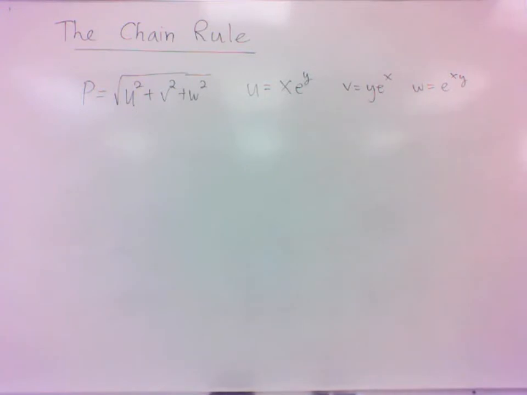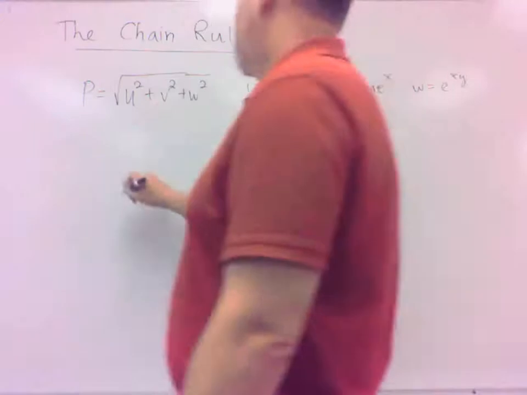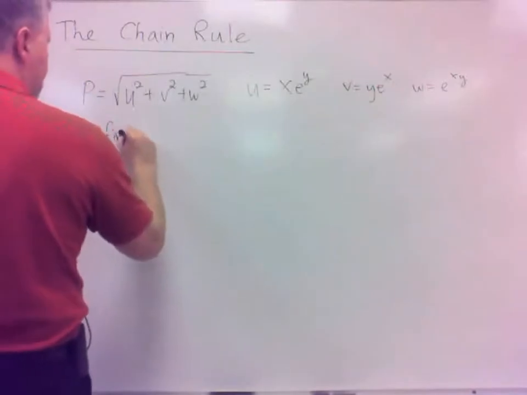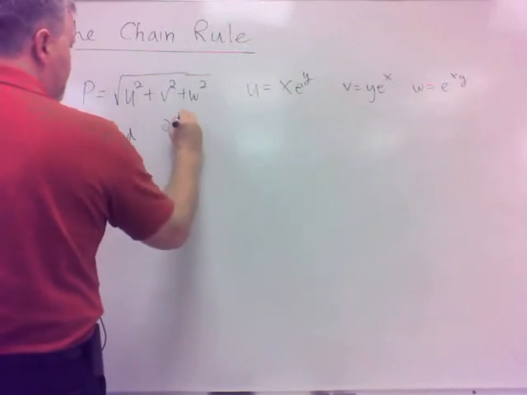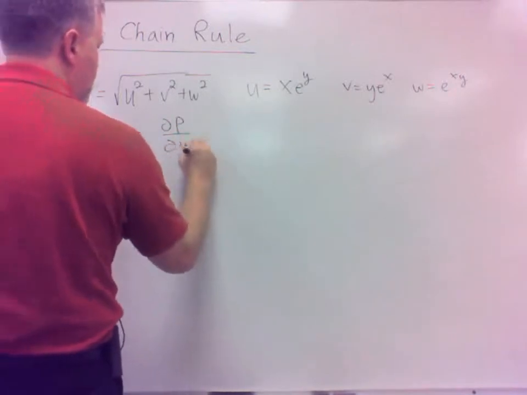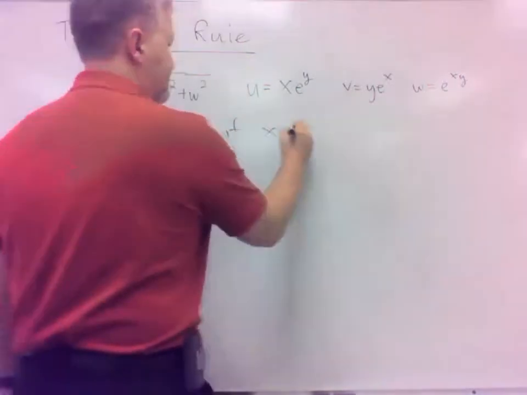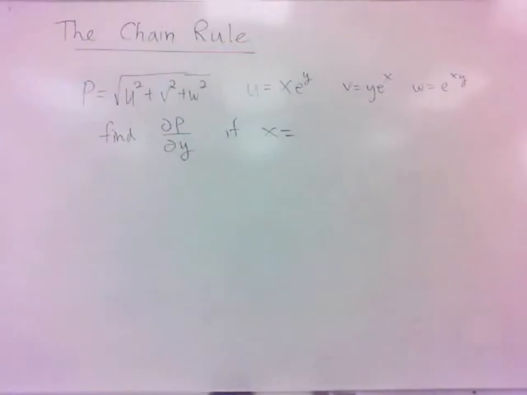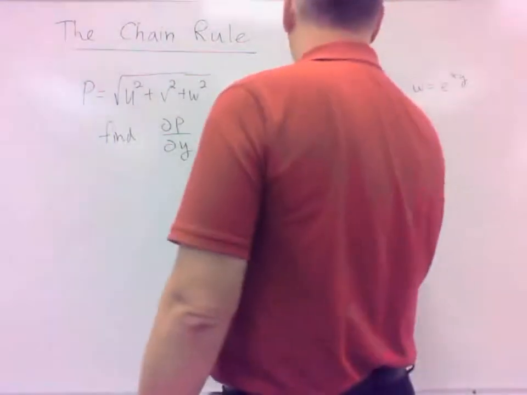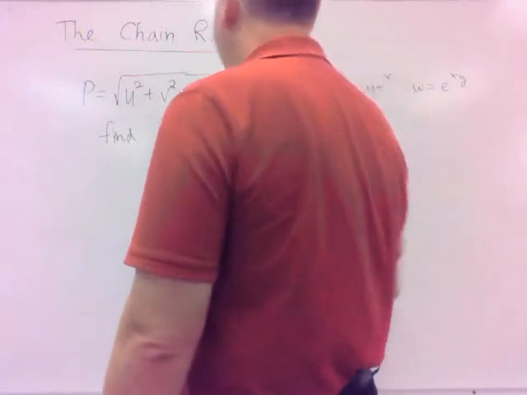Okay, let's find one out. Let's find the partial of P with respect to y if x equals 0, y equals 2.